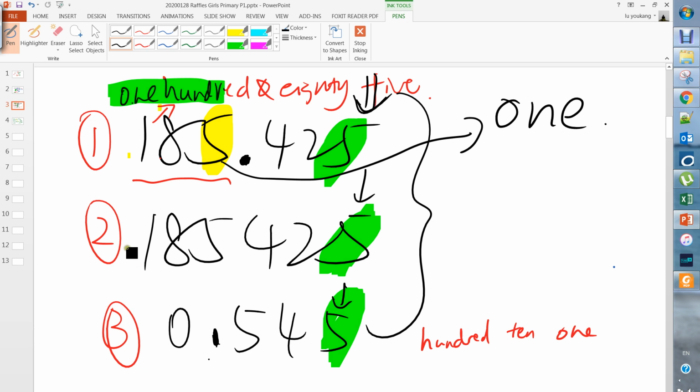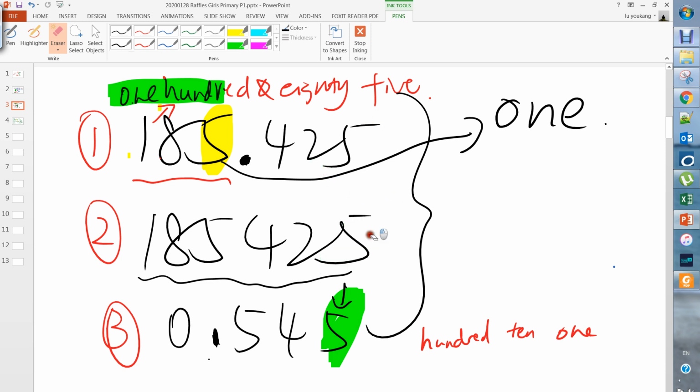Okay, next. Let's start now. What about this? Which one is the 1 position? Quick. It shouldn't take very long.